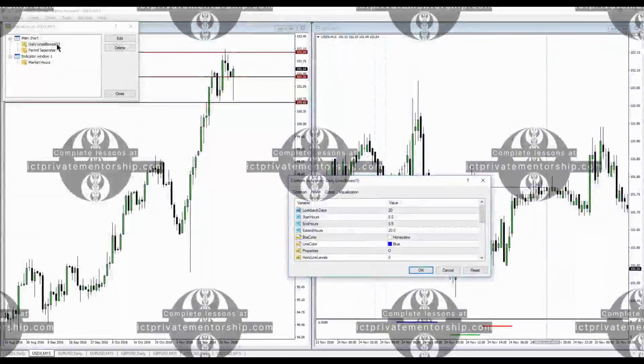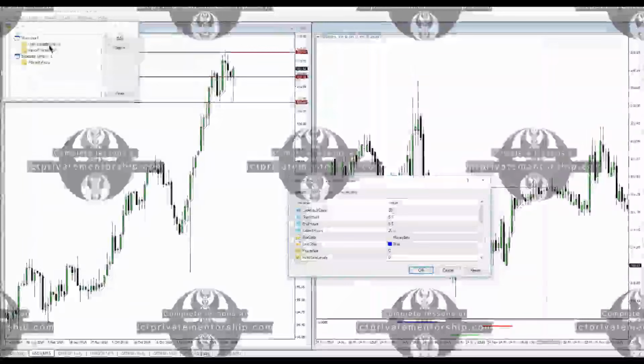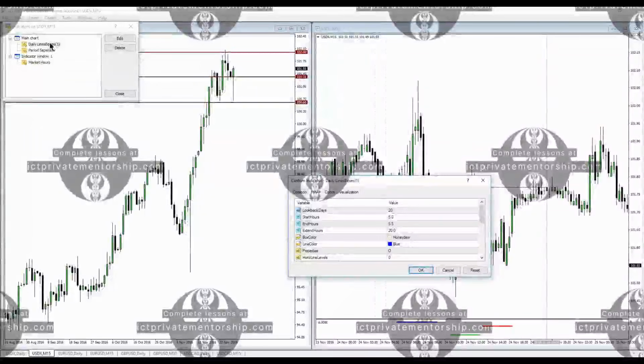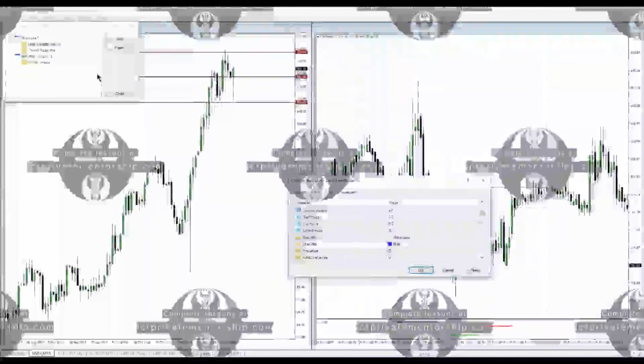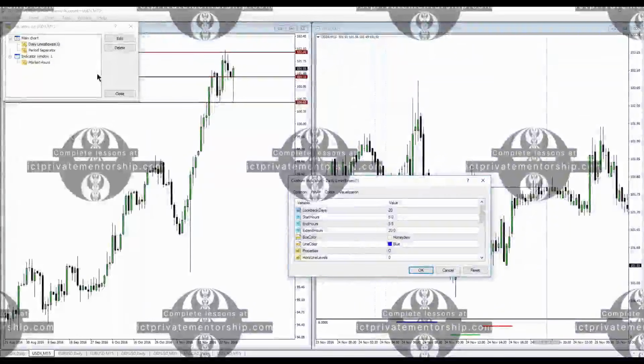The reason there are parentheses around one is that I created a copy of it on my computer, and I ended up grabbing this one to use. But the indicator is daily space lines boxes, all one word. If you do a search on Forex Factory's forum, you actually get the thread that this gentleman put up there, and it gives you a lot more detail about what can be put in here for properties. It's amazing how much you can do with this one little indicator, but for me, I like only having what I have on the chart right now.